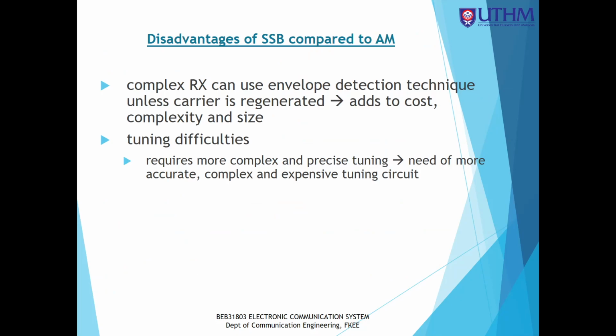So what is the disadvantage of single sideband compared to double sideband full carrier? In terms of circuit design, a more complex receiver circuit design is used to detect the received signal.